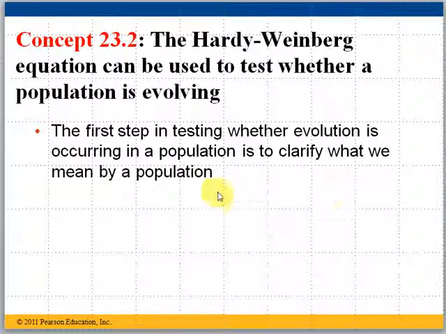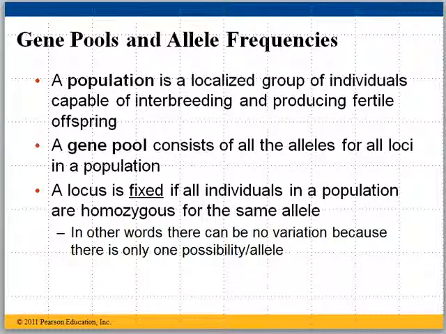And here it says the first step in testing whether evolution is occurring in a population is to clarify what we mean by population. Always helps to understand our terminology. So let's first define what is meant by that word population. A population is a localized group of individuals capable of interbreeding and producing fertile offspring.